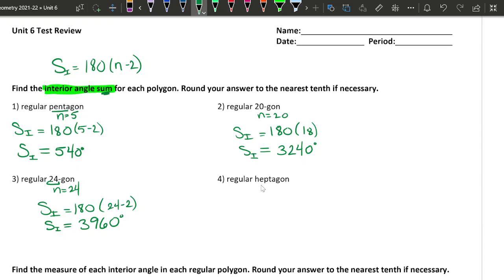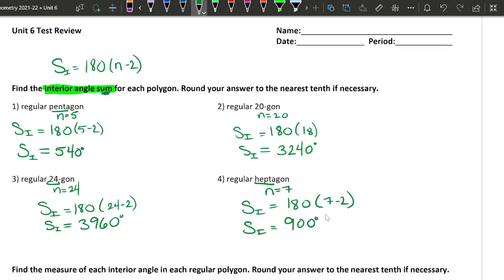And then a regular heptagon. Hepta is 7. So n equals 7. The sum of the interior equals 180 times 7 minus 2. So 180 times 5. So the sum of the interior of a heptagon is 900 degrees.